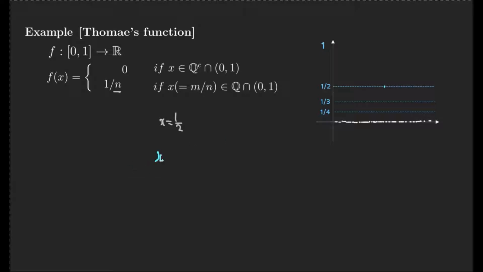If x is 1/3 or 2/3, these values all go to this level here. So 1 is here, and 1 is here. And if the denominator is 4, then 1/4, a quarter, is here, and this is all goes to a quarter. So this is here, and this is here.